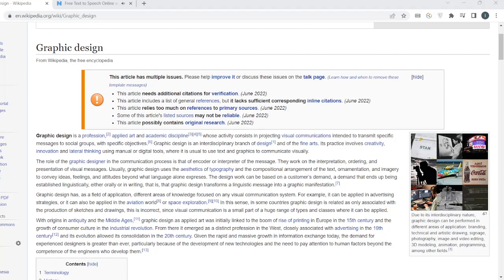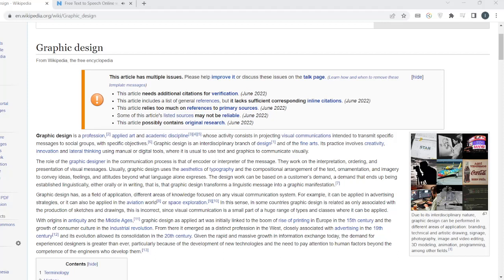In this sense, in some countries graphic design is seen as only associated with the production of sketches and drawings. This is incorrect, since visual communication is a small part of a huge range of types and classes where it can be applied.